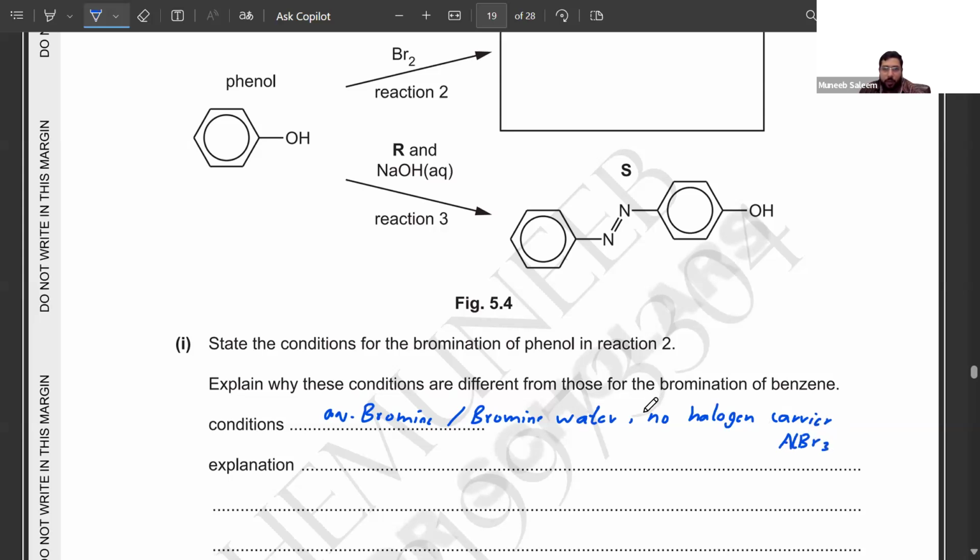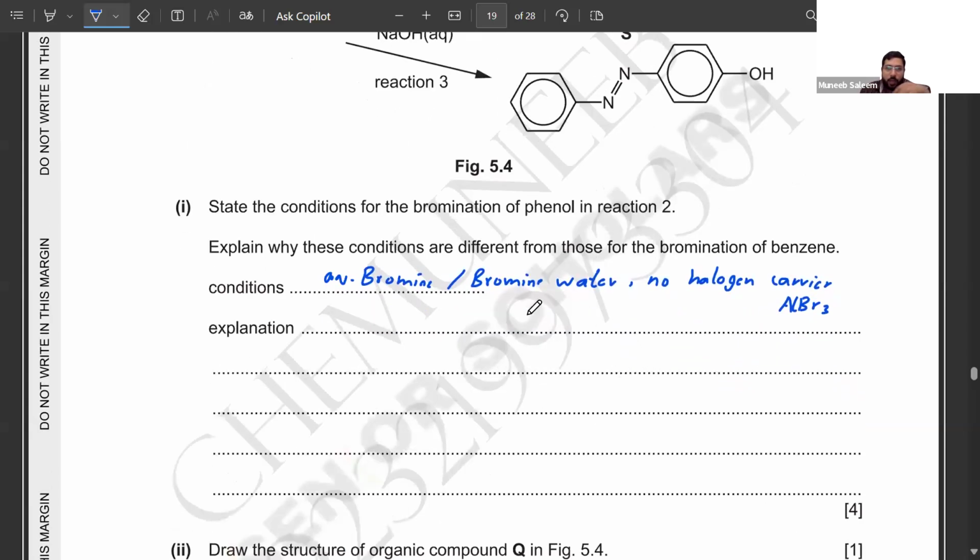So these are not required here. Now, the explanation of why the conditions are different compared to those of benzene. Benzene is just like this. It is simply a hydrocarbon.